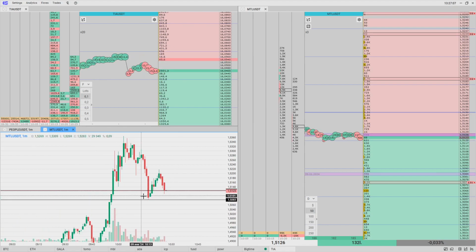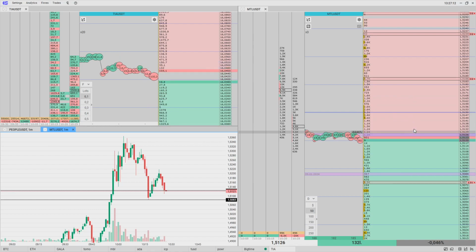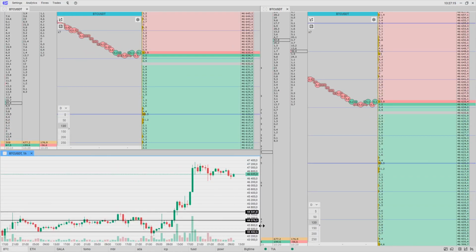But anyway, the order block looks really good. I think it worked out at least to 0.5%. Watching the BTC.